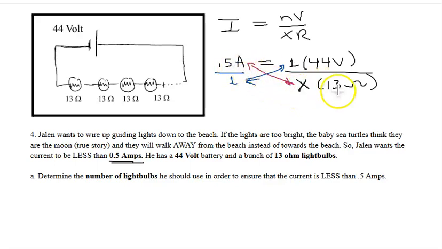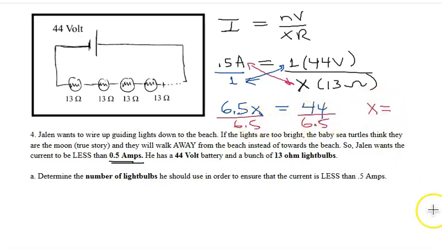And so 0.5 times 13 is 6.5 X, and then 44 times 1 is 44, and then divide both sides by 6.5, and you get X equals 44 over 6.5, or 6.77.